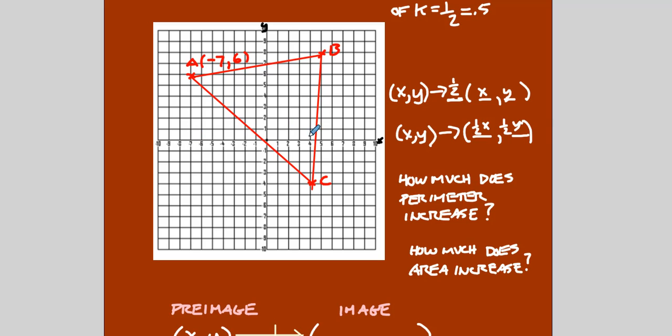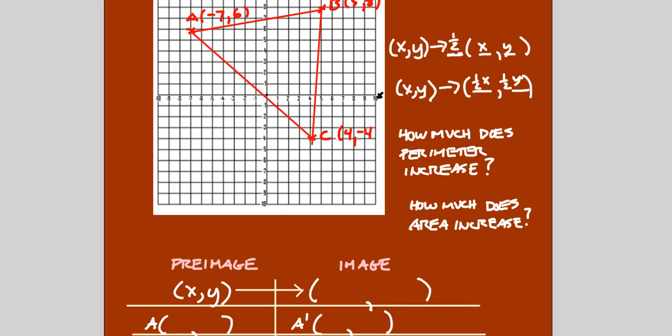B is going to be 5 in the x direction, and 8 in the y direction. Then C will be 4 in the x direction, and then -4 in the y direction. So that'll be 4, -4 for the coordinates.